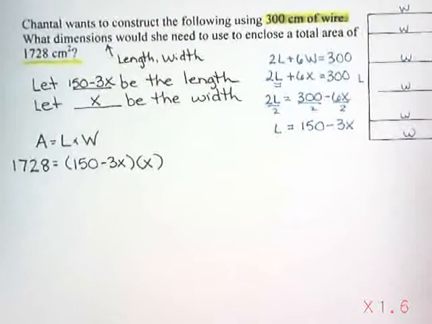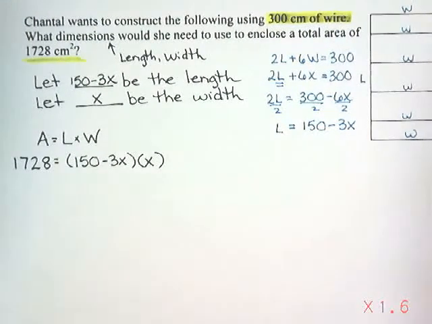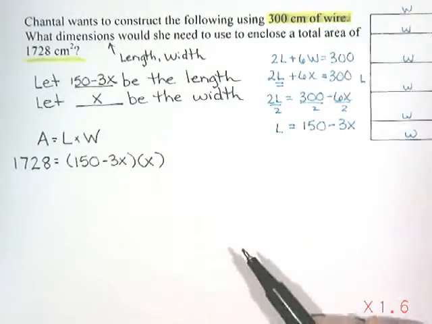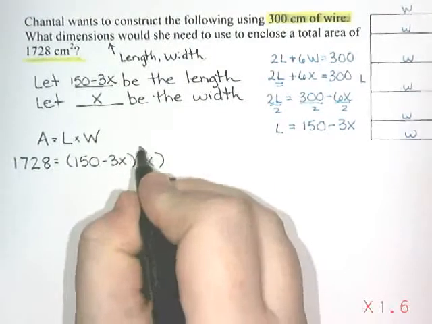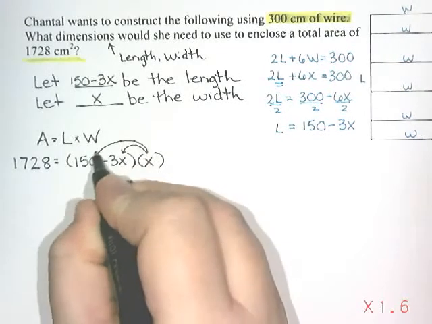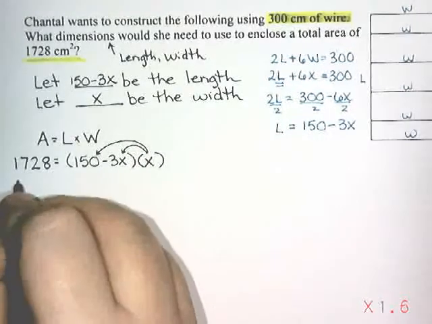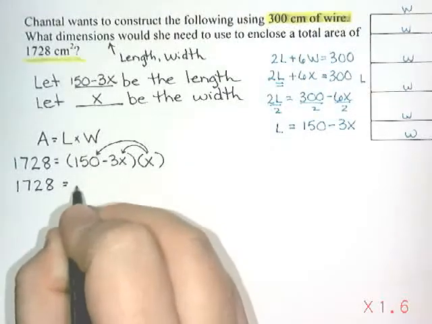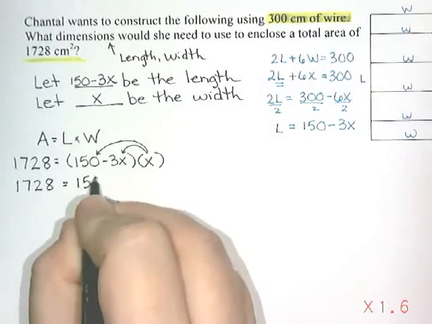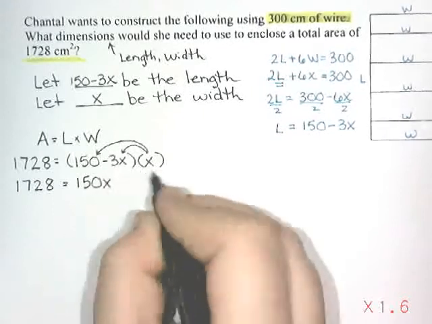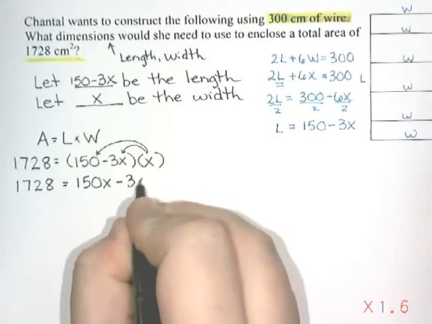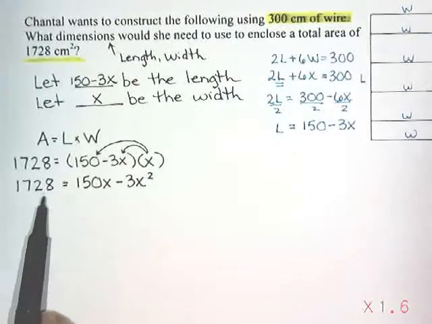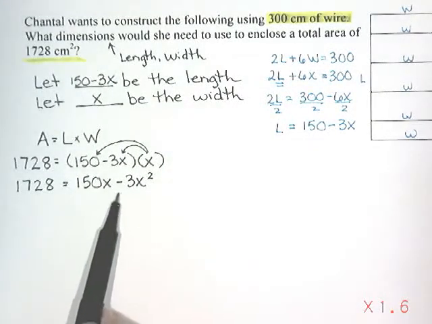Now, regardless of whether this is a solving question or a max-min question, we will always need to expand this, multiply it out to collect up like terms. So I am going to multiply the x into the bracket. So I get 1,728 equals x times 150 is 150x. X times negative 3x is negative 3x squared. Now, to do any of these questions, you do always want all of the terms to be on one side.